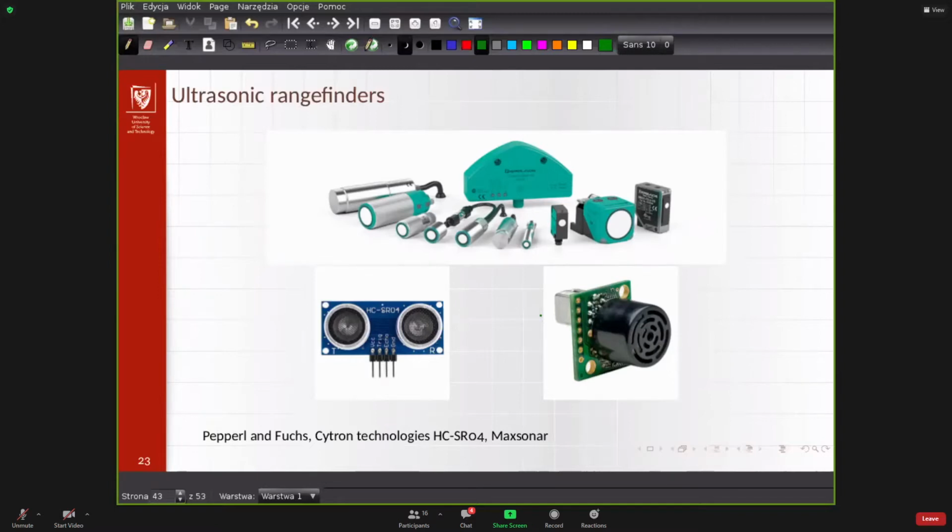To the right, in max sonar, it is the same module that works both as transmitter and receiver, so it transmits a wave, and after transmitting, it switches to the receiving mode and then receives.